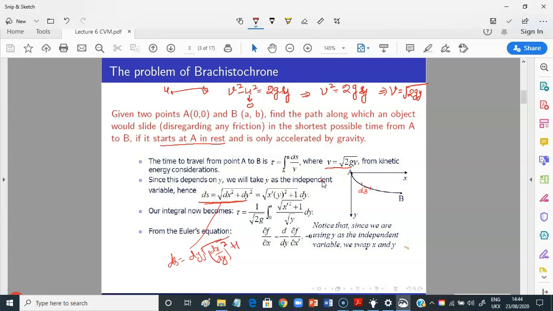Now this dx over dy is denoted as x dash. x dash stands for the derivative of x with respect to y. So in this way this part becomes x dash and dy is outside.